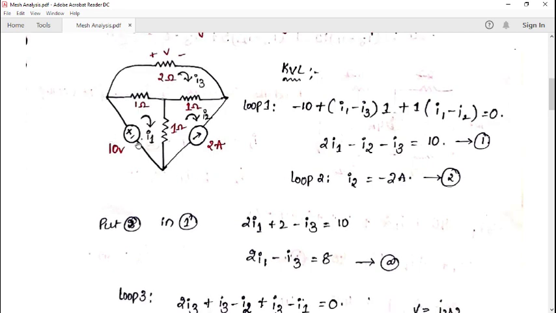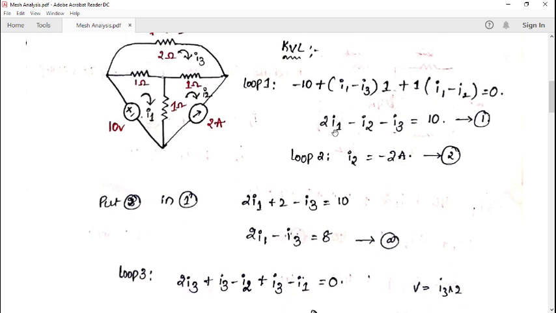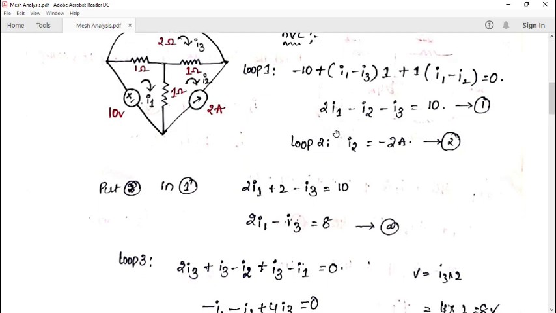Once again, minus 10, I1 minus I3 into 1, I1 minus I2 into 1, which is equal to 0. When you simplify this, we'll get 2I1 minus I2 minus I3 equal to 0.